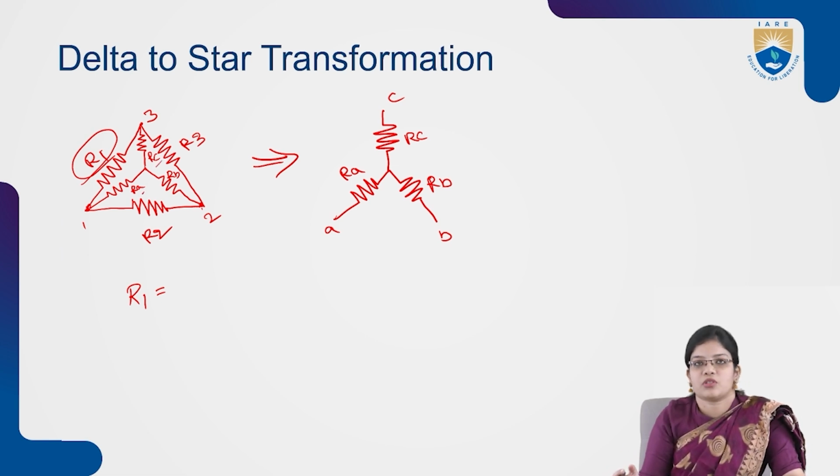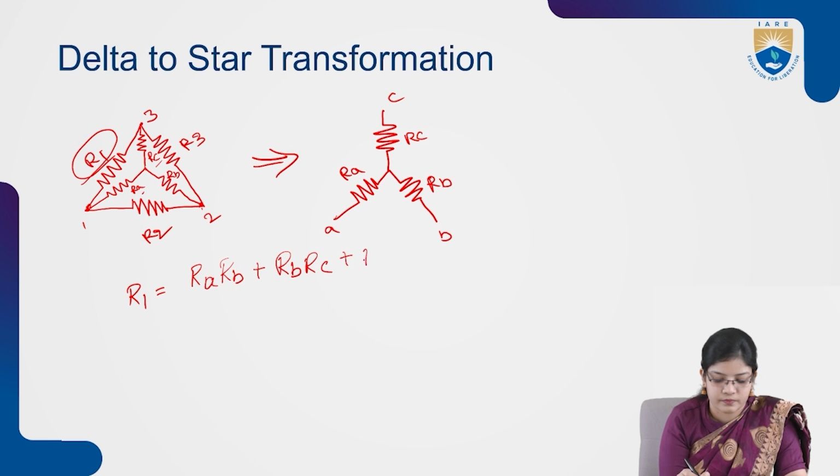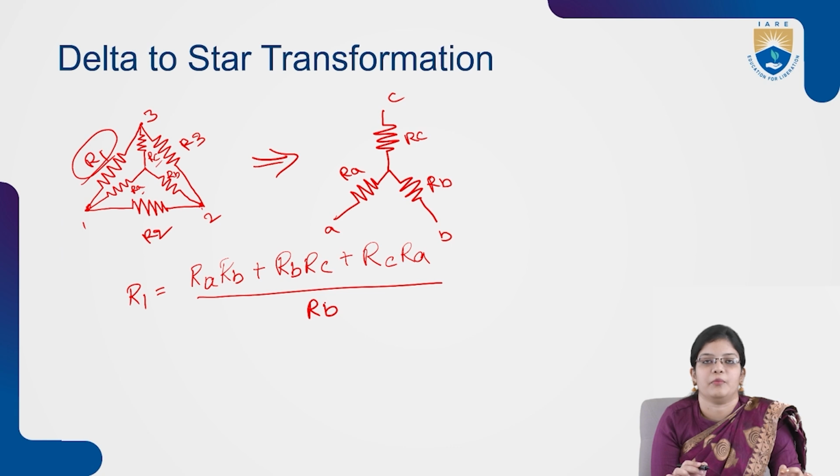So in the delta to star transformation, first we need to multiply all the resistances, and we need to divide this with the opposite resistance. For this, the opposite resistance is RB.